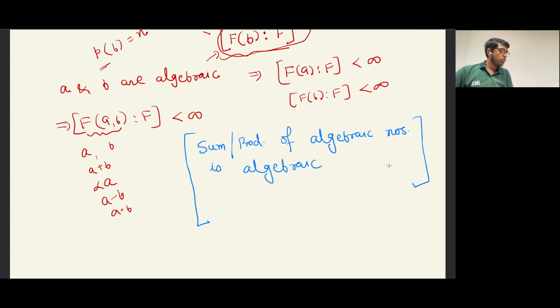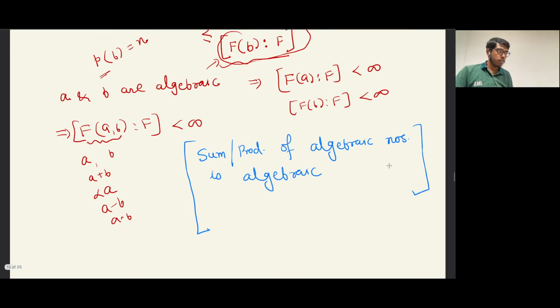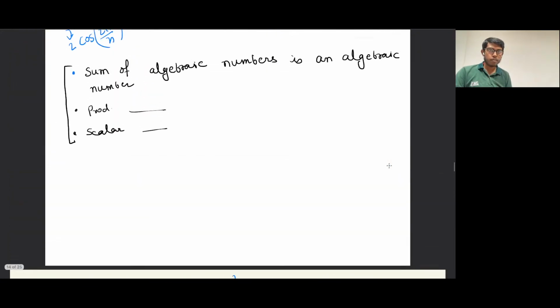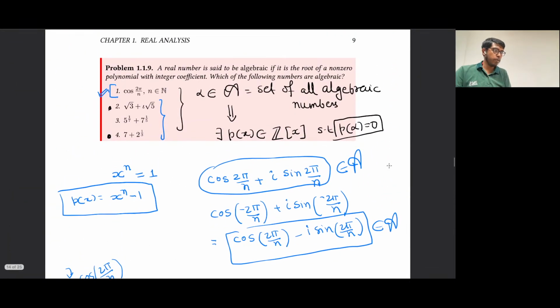Okay, is this clear to everyone? If you have any doubt, you can ask. I hope it is clear to everyone. So now let's proceed to the options. It means that this option is correct.